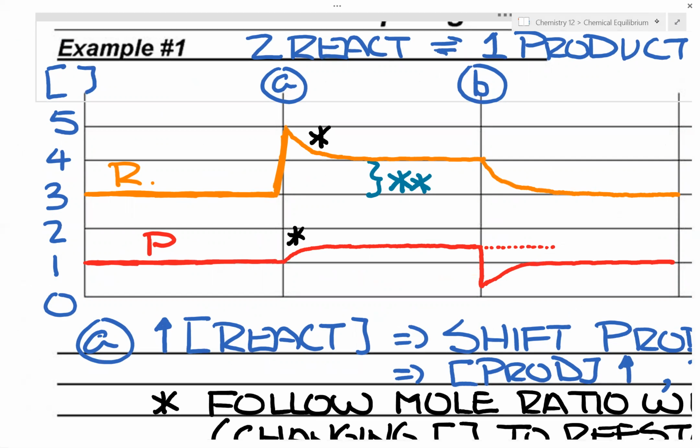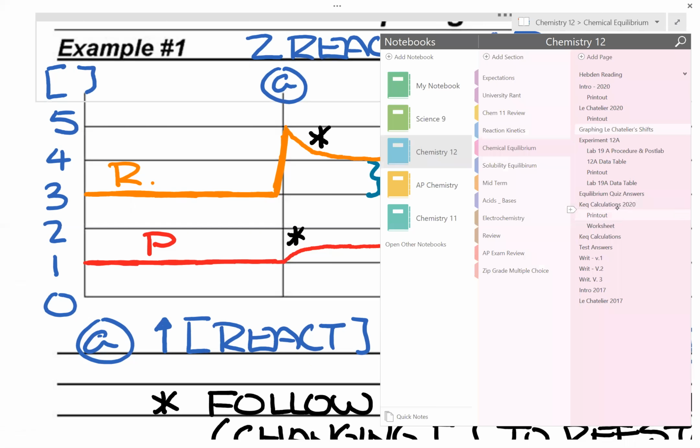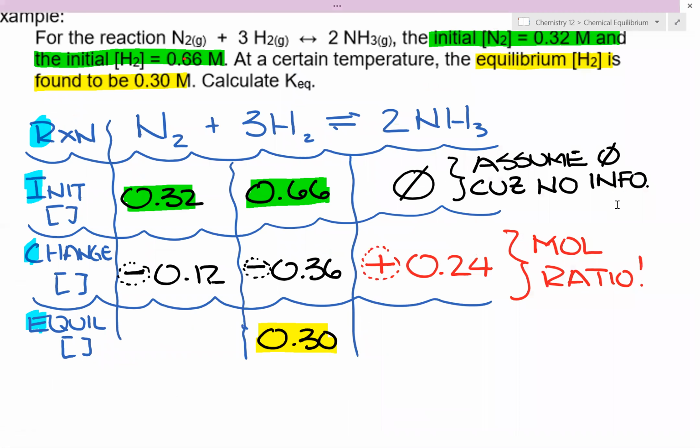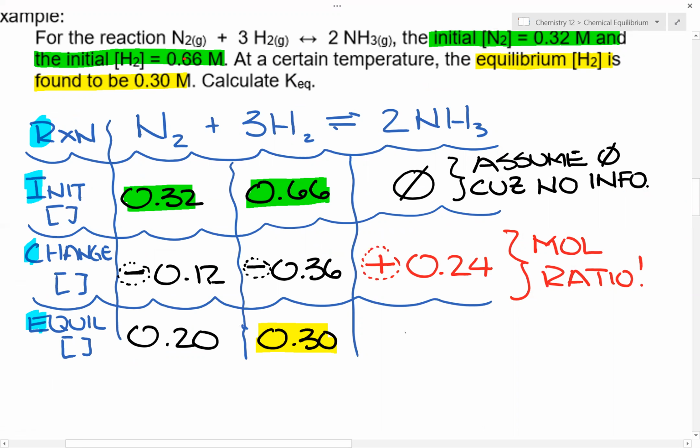All right. So if we take a look at my calculations, now we can fill this in. This would be 0.20. This would be 0.24. Now we have our equilibrium concentrations. We're good now. Okay, we figured it out.